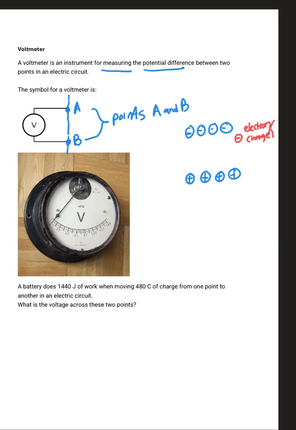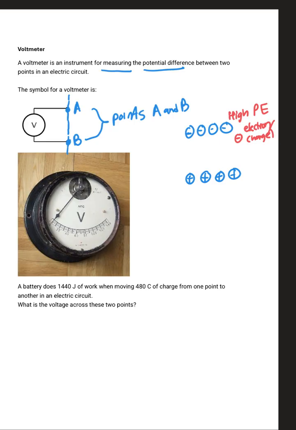So this charge here, when it is near the negative side, it is at a high potential, so it's experiencing a high potential energy. The reason why is because it's closer to the negative, so it's experiencing a lot of repulsion.